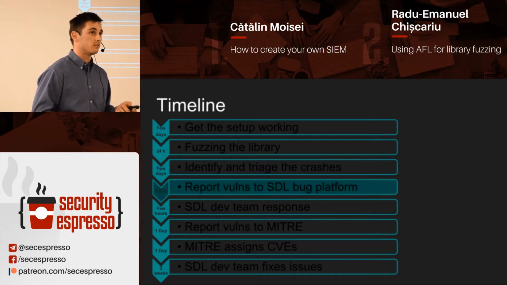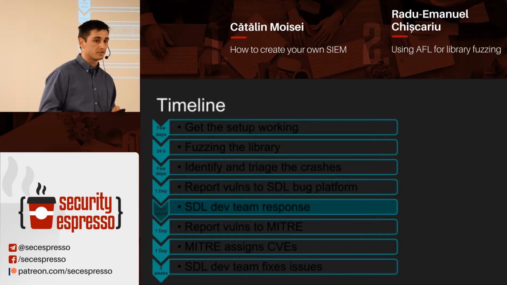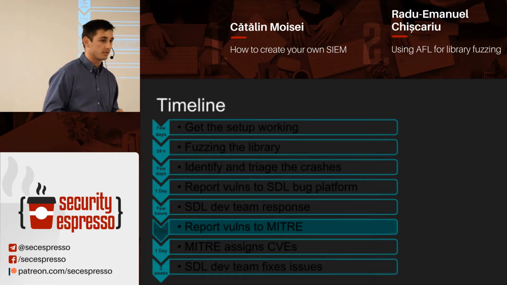Then I reported the vulnerabilities to the SDL bug platform. This is again very interesting. The development team was very quick with its response. It was a matter of a few hours. They responded faster than Mitre, and that doesn't happen very often.